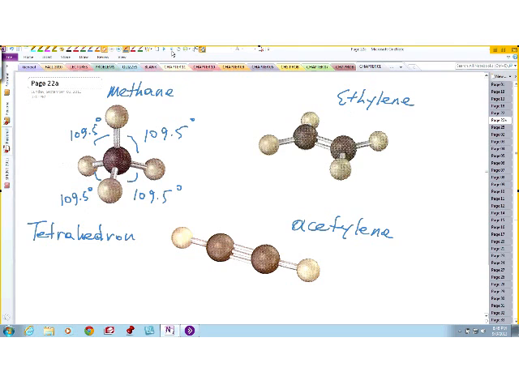So in this case, we say this carbon here is an sp3 carbon atom because it is bonded to 4 atoms. Okay? Bonded to 4 atoms. sp3 carbon atom. Now, we come to ethylene.